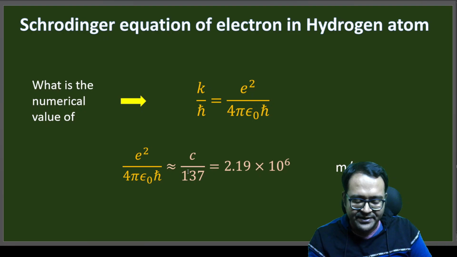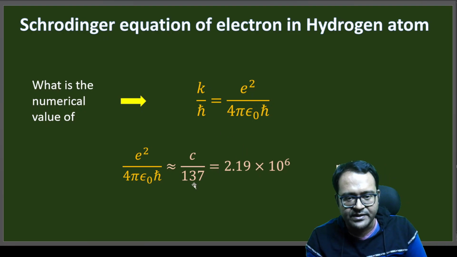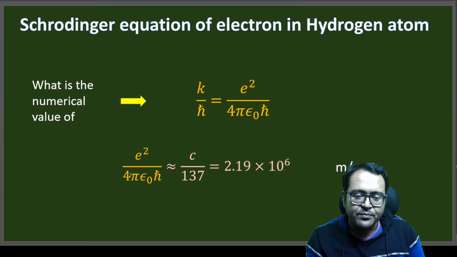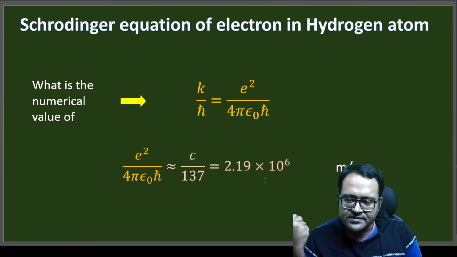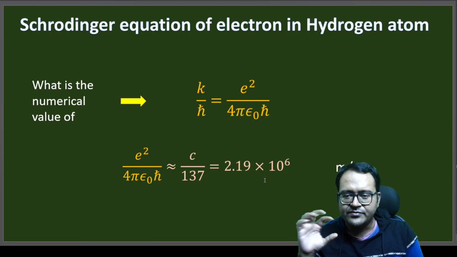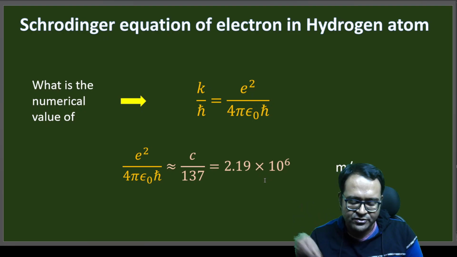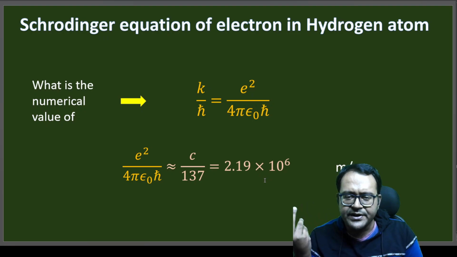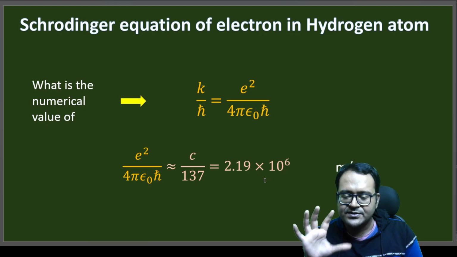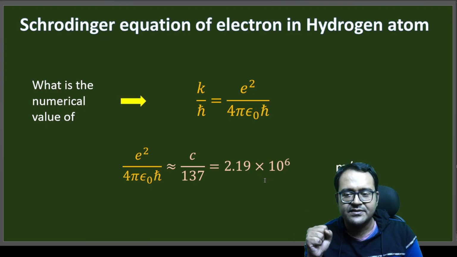I will tell you the significance of that 137. This is e square by 4 pi epsilon naught h bar. The numerical value of it is around 2.2 times 10 to the power 6 meter per second in SI units. So electron will have very high speed. You already know that, and this is just dimensional consideration giving it to you.